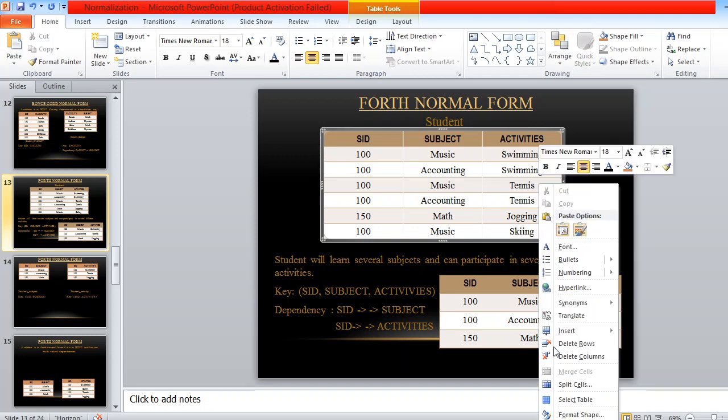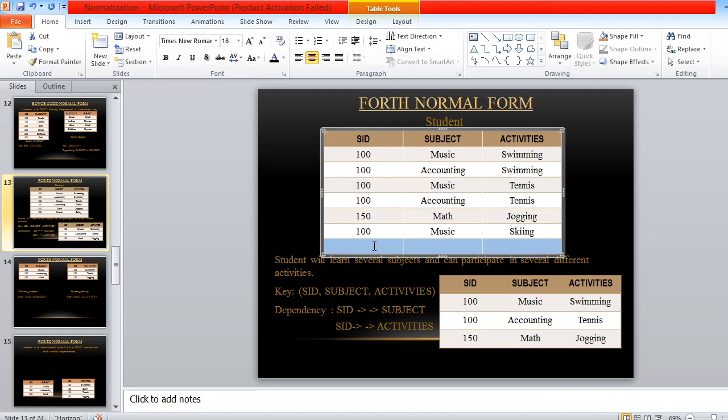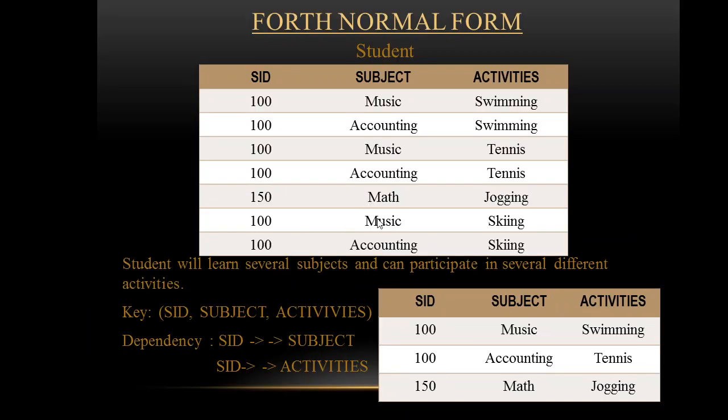To make this data consistent, we have to add another row where student ID 100, while he is learning accounting, can also do skiing. This is what you call a modification anomaly, because we need to do a lot of modification for inserting very simple data.